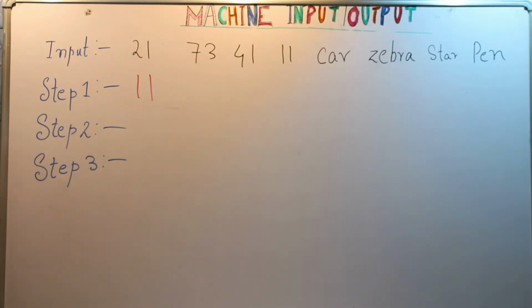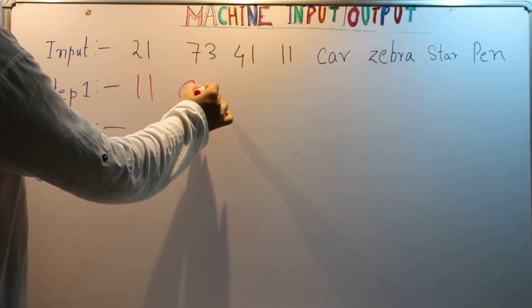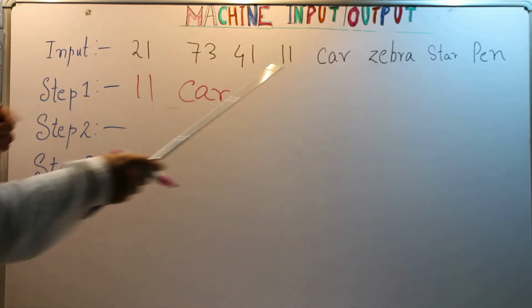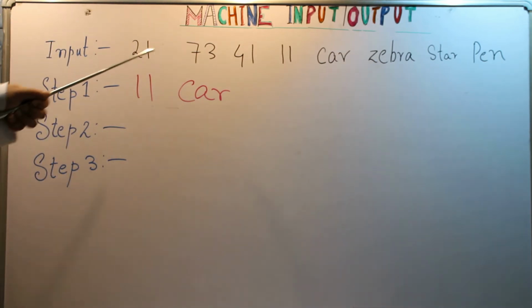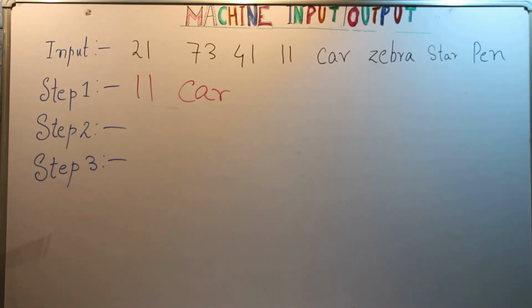So car will come first, because C comes before Z, S and P. Okay, and the rest will be placed as they are.